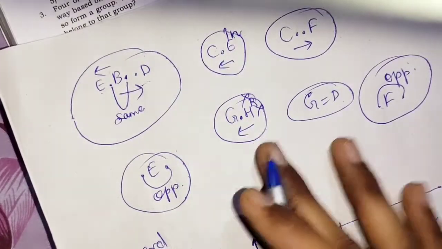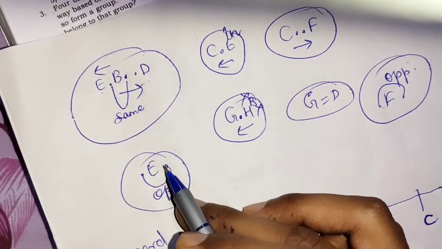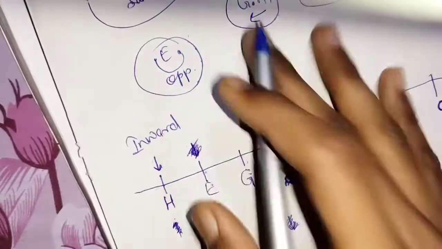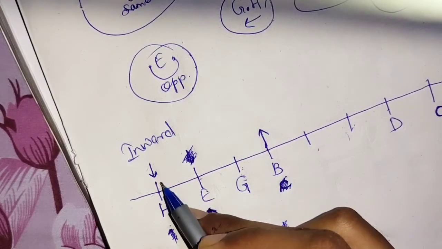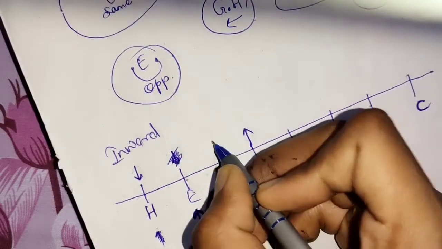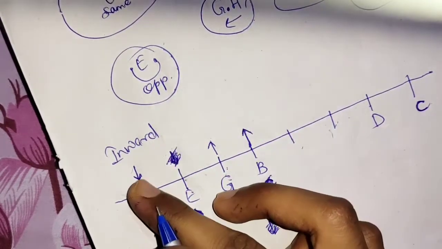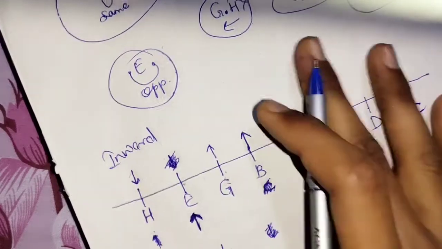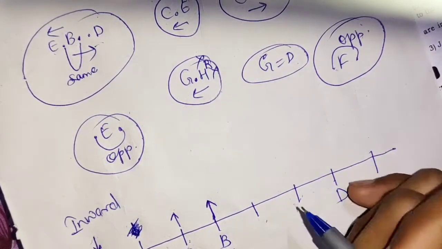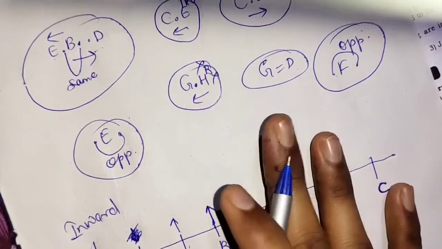Now one thing is there, the immediate neighbors of E face opposite directions. So since H is facing downward, G will face upward. That is, G is facing the center and H is facing outward. No problem. Now we are left with two positions.